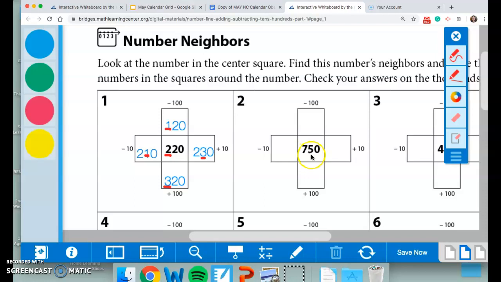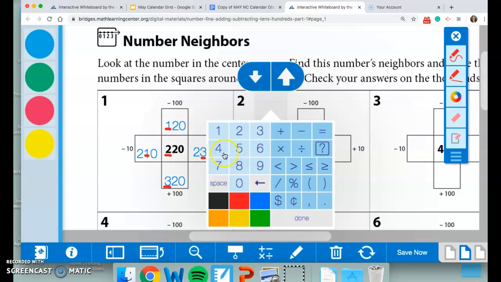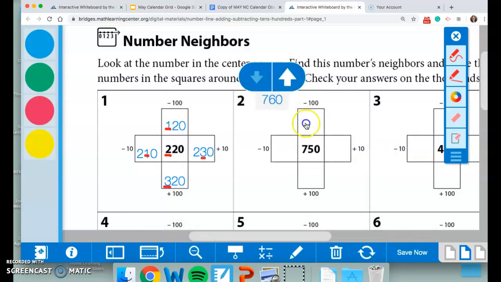So 750, 10 more. What happened over here? The tens got one bigger. So if I have a 5 in the tens place, I know one bigger is 6. So 760. And then from last time, we knew when we subtracted 10, the tens place got smaller by 1.